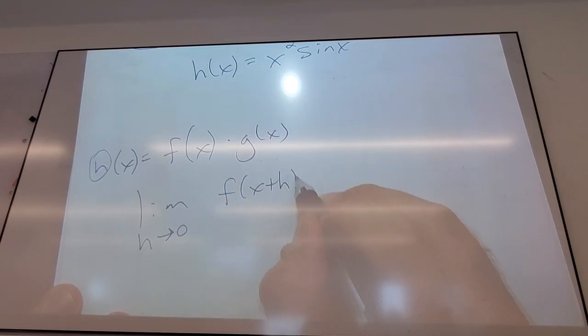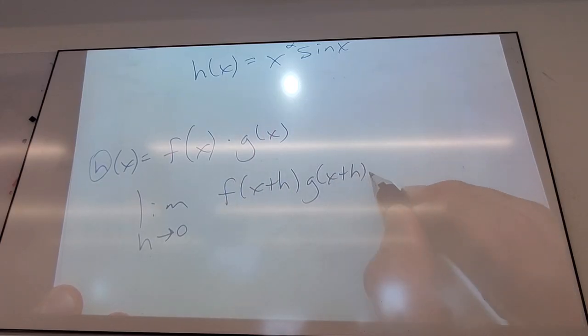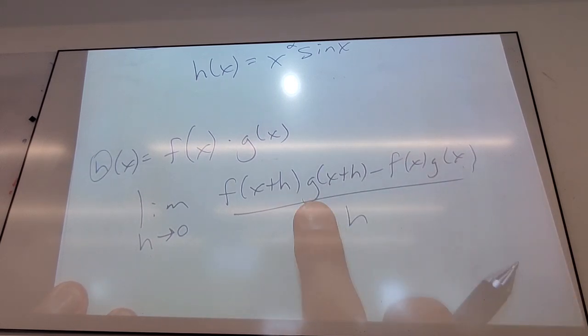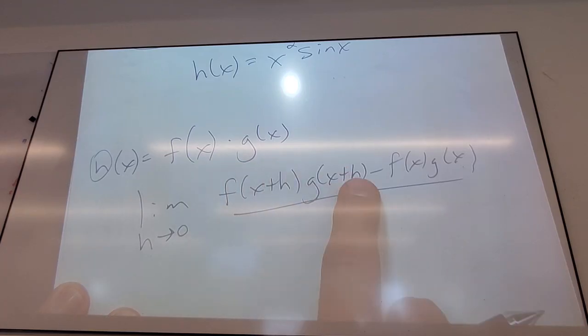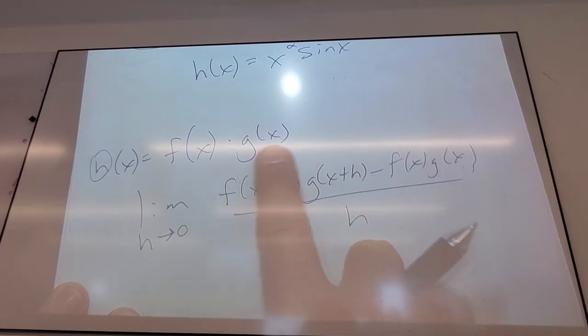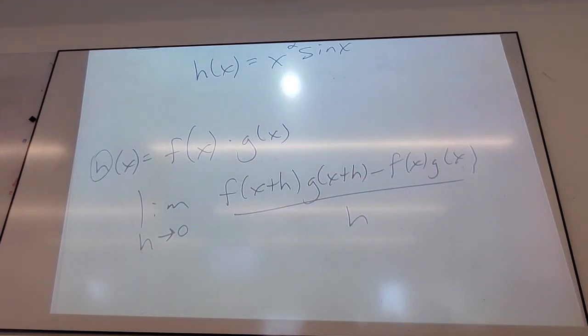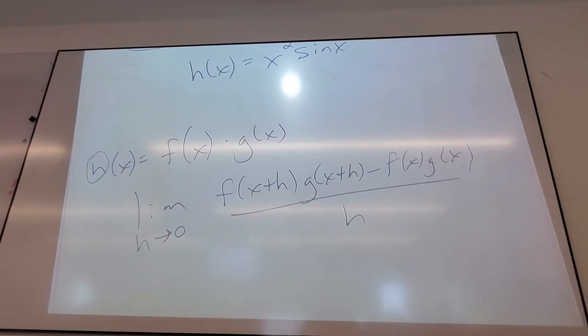Let me see if you guys are cool with this. Is that cool? Because don't I plug an x plus h into what I'm looking at, minus plug an x in what I'm looking at? Are you guys all with me? That's the rule, right? That's how the limit definition works. And what's the limit definition? It's algebra. Okay.